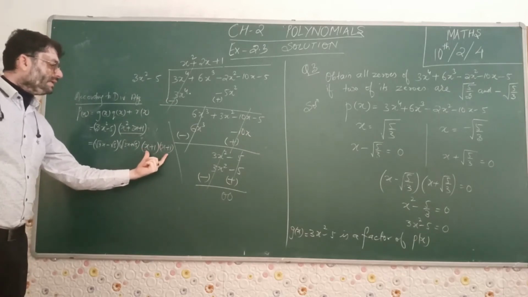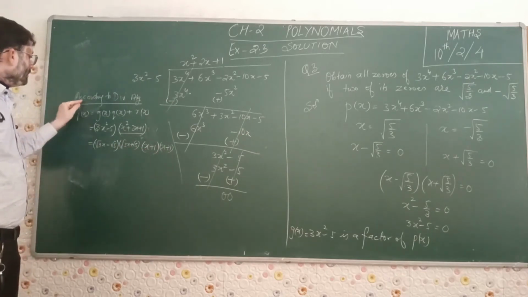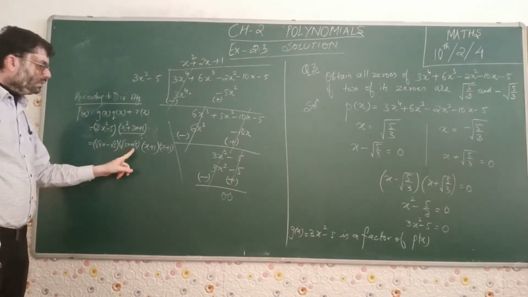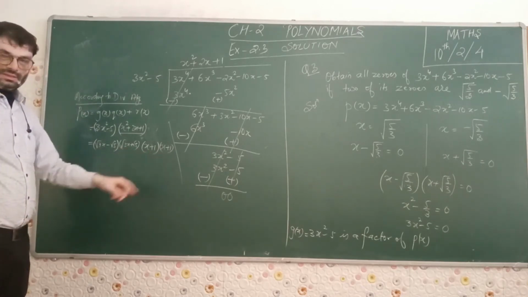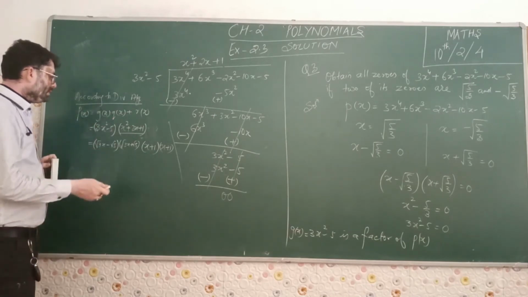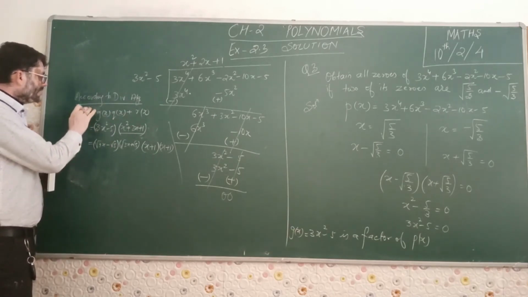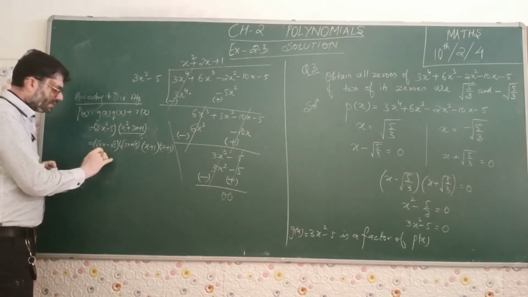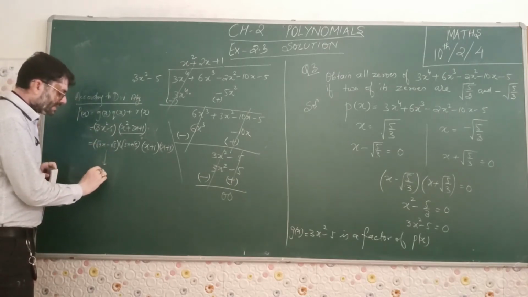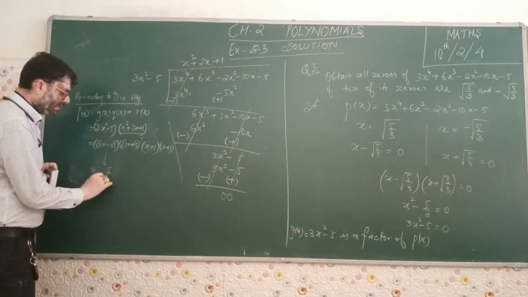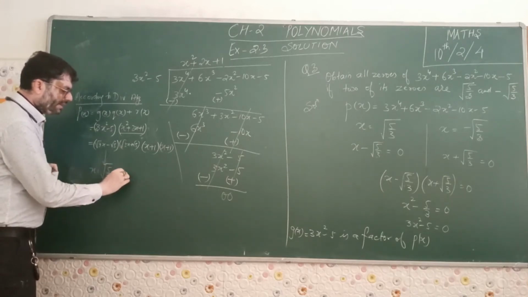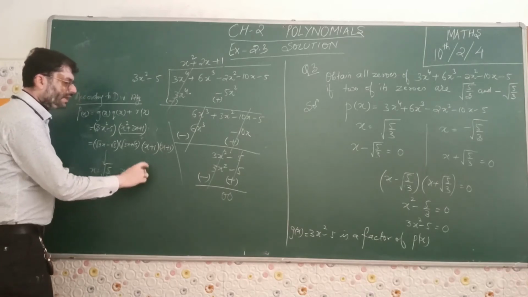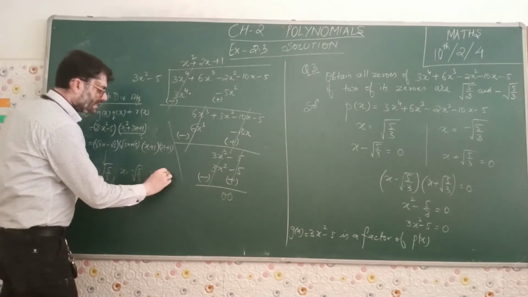Now for the polynomial p of x to be 0, either this is 0 or this is 0 or this is 0 or this is 0. So let us find out all the zeros of the polynomial p of x. If this is 0, then we get x is equal to root under 5 by 3. From here we get x is equal to minus root under 5 by 3. If this is 0, x is equal to minus 1.